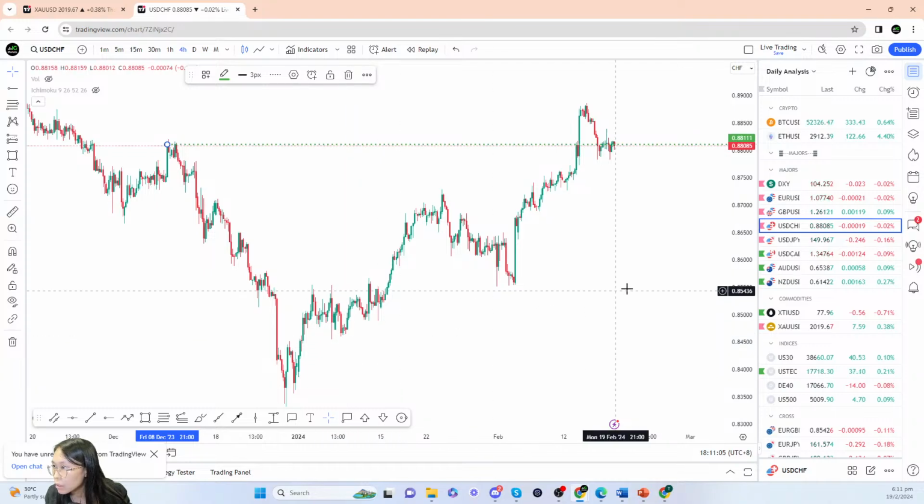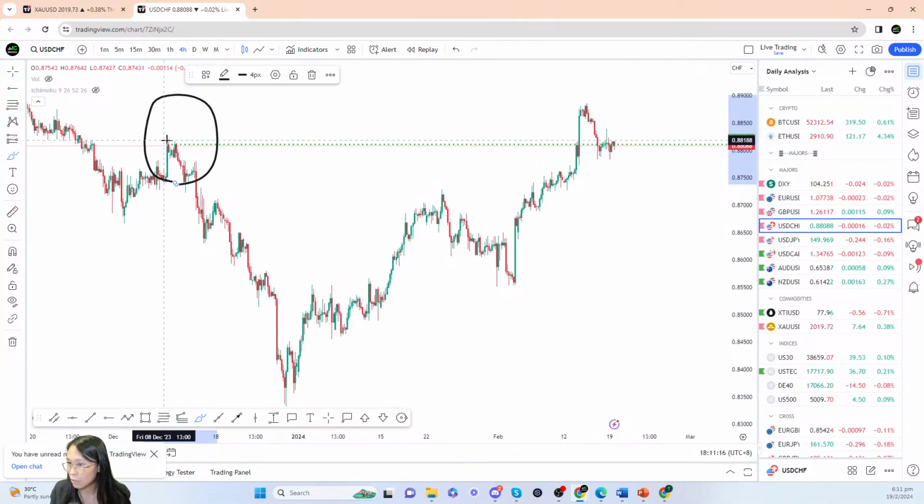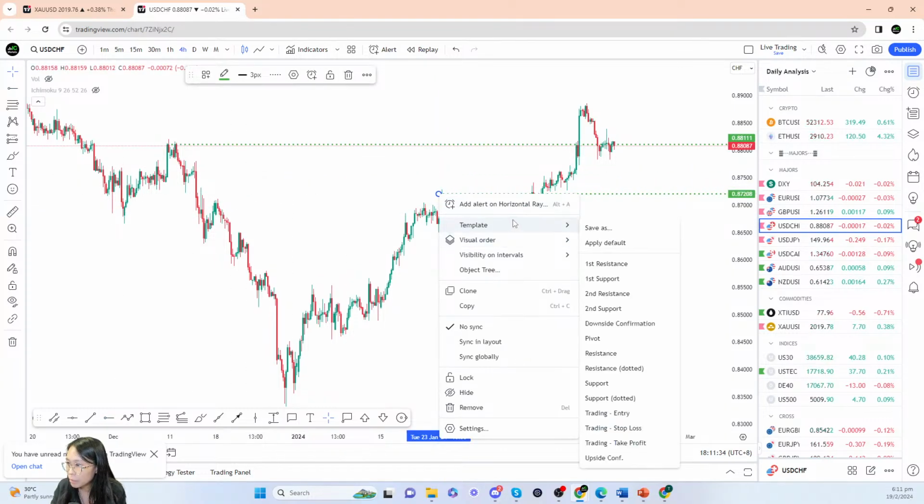So this will be a dotted support, as you can see that price here. This is a very nice significant swing down. After here price starts to go all the way down. First support level will be here.